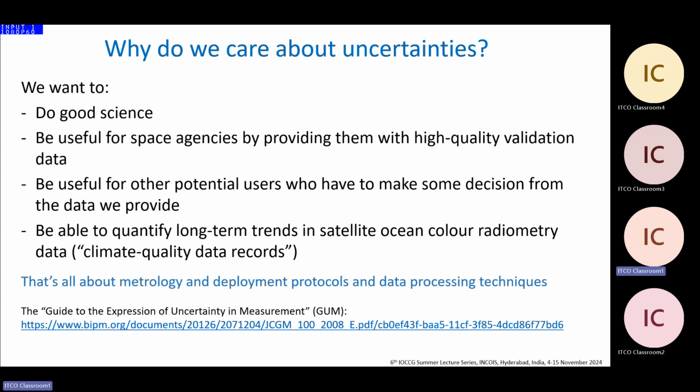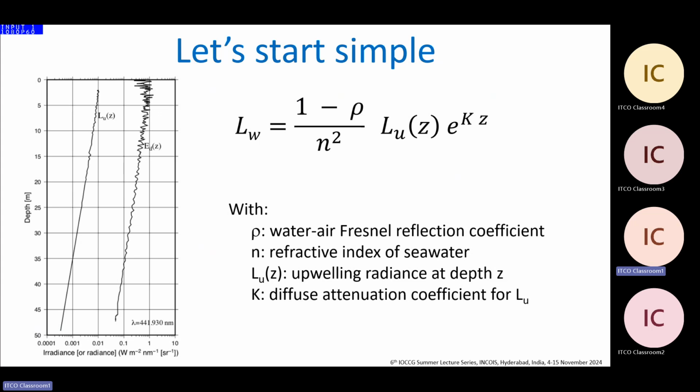There is a reference on this slide called the Guide to the Expression of Uncertainty in Measurements, or the GUM. You have the full address there. If you go there, you will maybe be a bit overwhelmed by this document. It's a huge document, going through all of these things in great detail. But if you are interested to understand a bit more, that's definitely one of the main sources.